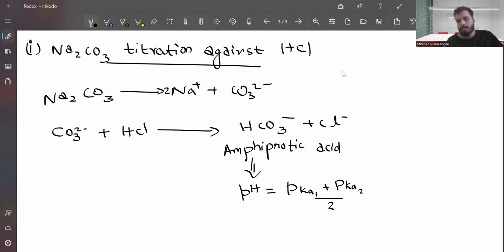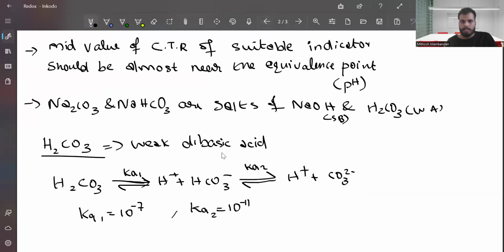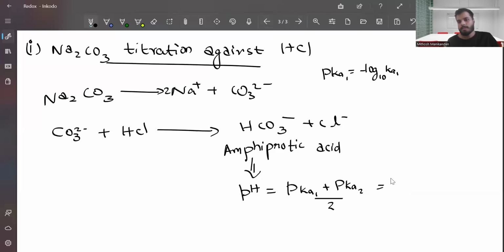Now pKa1 is actually minus log to the base 10 of Ka1. We have the values here, 10 raised to minus 7 and 10 raised to minus 11. So you will get 7 plus 11 by 2. How much is that? You will get around 9, right?